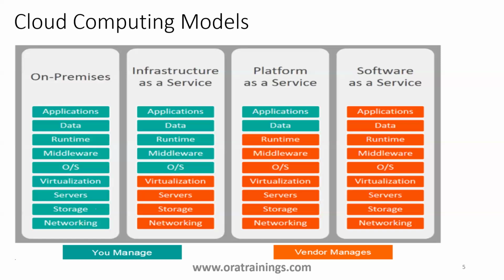And coming to the remaining three models: infrastructure as a service, generally we call it IaaS, platform as a service, and the last one is software as a service. In infrastructure as a service, the cloud computing service provider just provides you the hardware and the operating system, and the remaining things have to be taken care of by the DBA team of that particular subscriber.